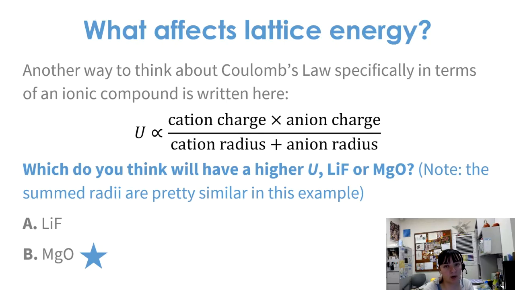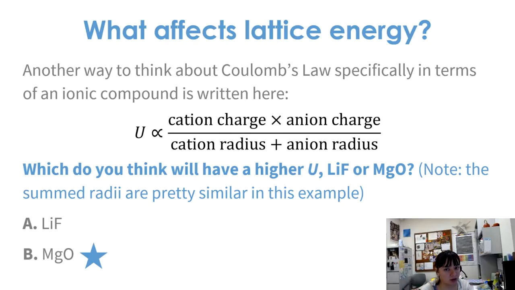Now, something I want to point out, especially as we start thinking about proportionalities: for this particular example, I said the summed radii are basically the same between these two compounds. There will be cases where they're not so close, but honestly, the range for ionic radii is relatively slim. Even your biggest ion versus your smallest ion, there's some variation, but it's usually not that large of a factor.